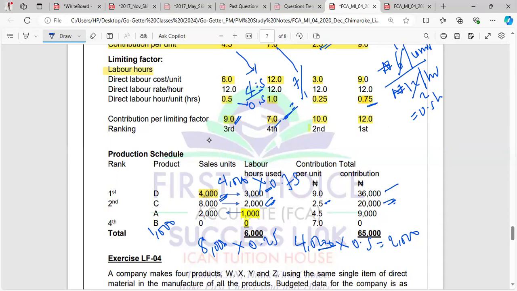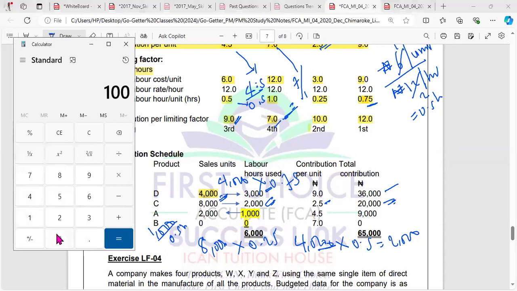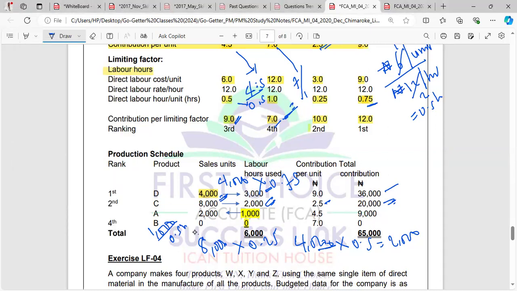But if you are going back, 1,000 hours is required to do part of A. And if A takes 0.5 hours, what it now means is that 1,000 divided by 0.5, meaning you can only do 2,000 units.